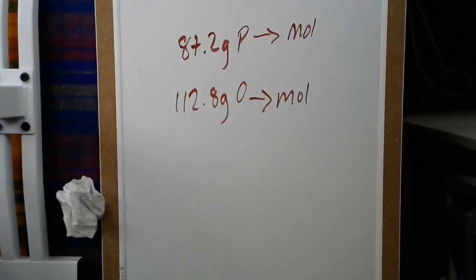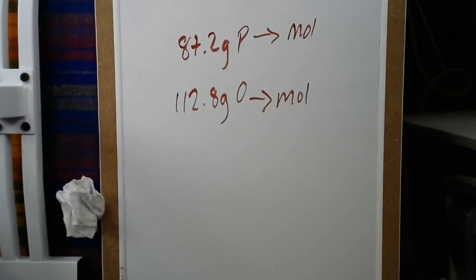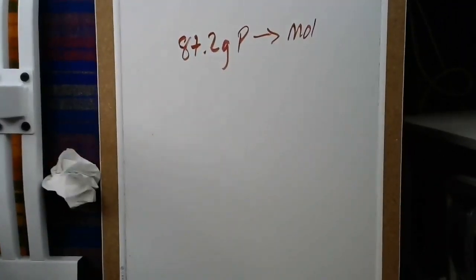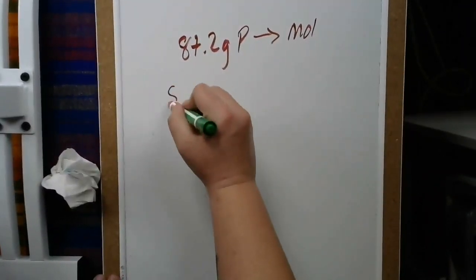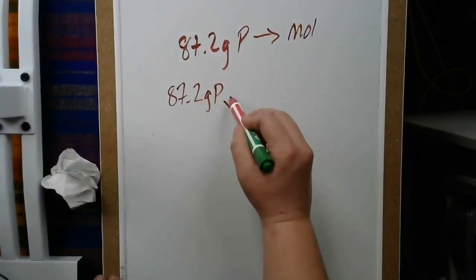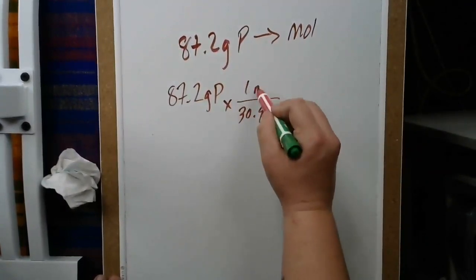All right, so look up the atomic masses on your periodic table. Let me do this one first. We've got 87.2 grams of phosphorus. There's 30.97 grams in 1 mole.